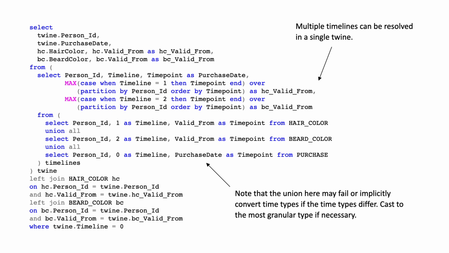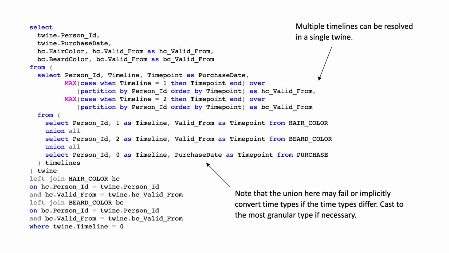And you do this with the generalized twine. You carry and find the valid from date for each of those timelines that you're interested in. So in this case, it's the valid from for the hair color from timeline 1 and the valid from of the beard color from timeline 2.